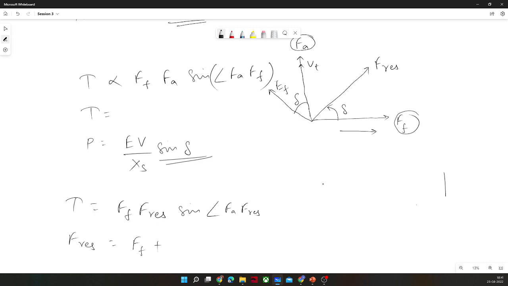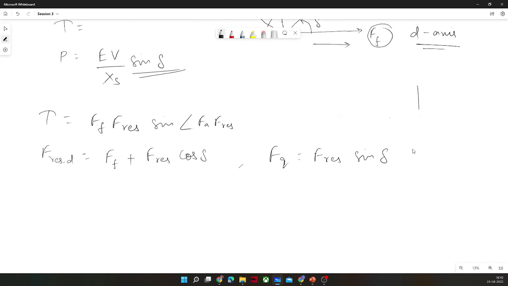In advanced electrical machines, this axis is known as the D axis, and this axis is known as the Q axis. On the D axis, F resultant would be FF plus F resultant cos delta, and on the Q axis it would be F resultant sin delta.